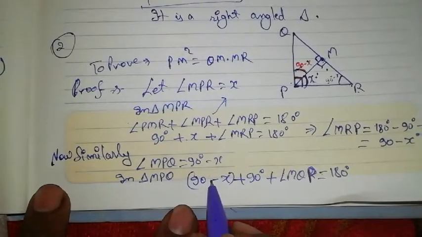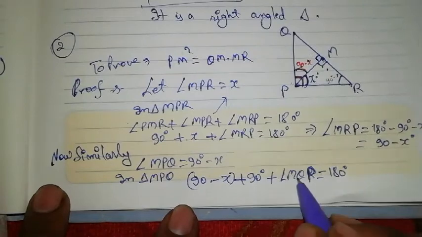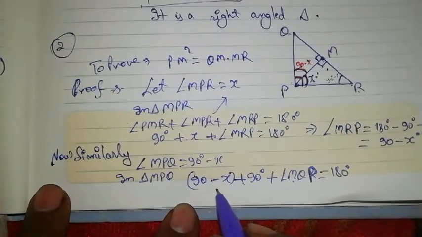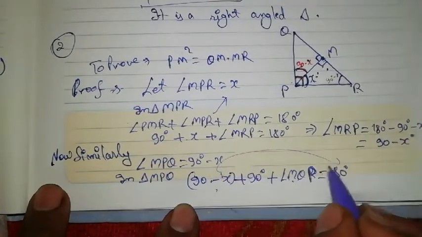So one angle is 90 minus X, another is 90, and this is angle MQP. So 90 and 90 will become 180. Now we will transfer them to the other side.